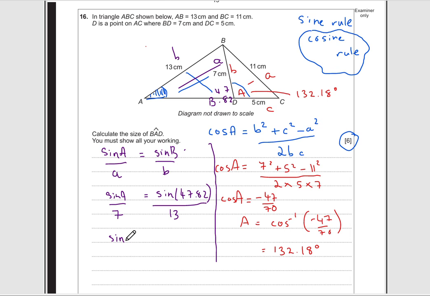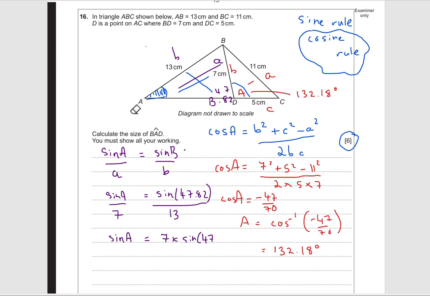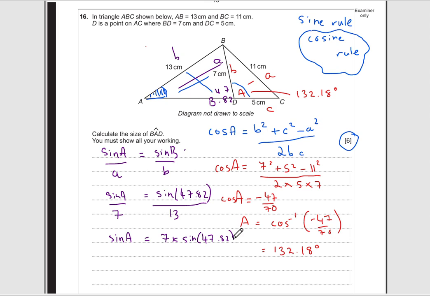So in order to rearrange, I'm going to have 7 times sine 47.82 over 13. I'm just going to get rid of this line because it's in the way of my workings now. I'm going to do inverse sine of this.